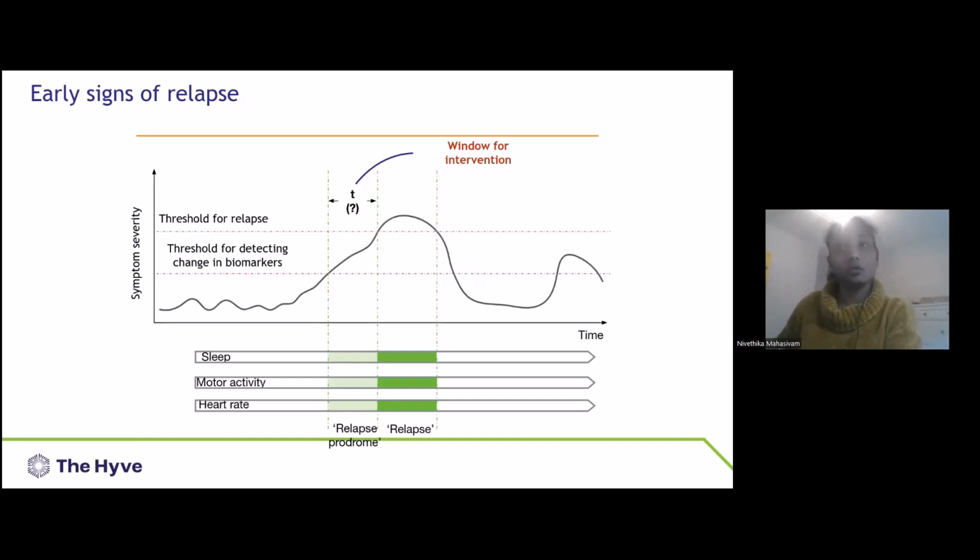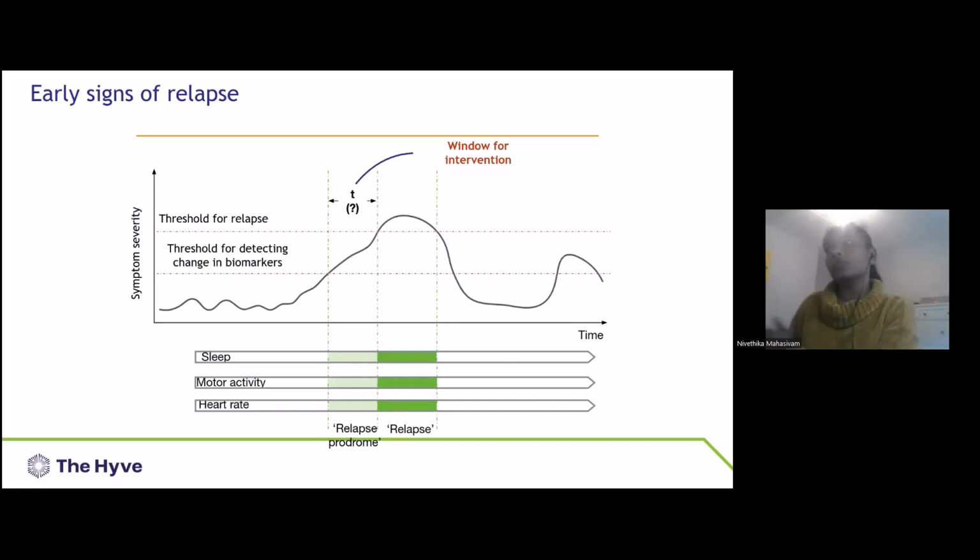You may think that your disease is controlled, but after some time you can relapse, and then have more severe complaints. Usually, the relapse happens when the severity of the symptoms increases. And then when you have higher symptoms, you go to a doctor, and you find that, okay, you are in a relapse.